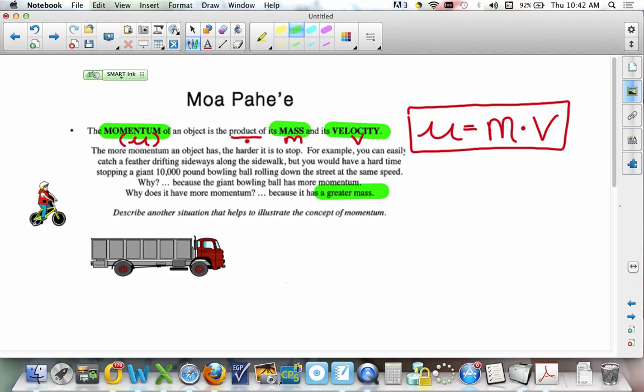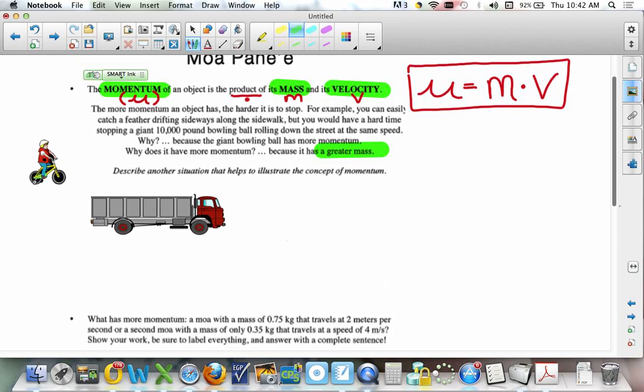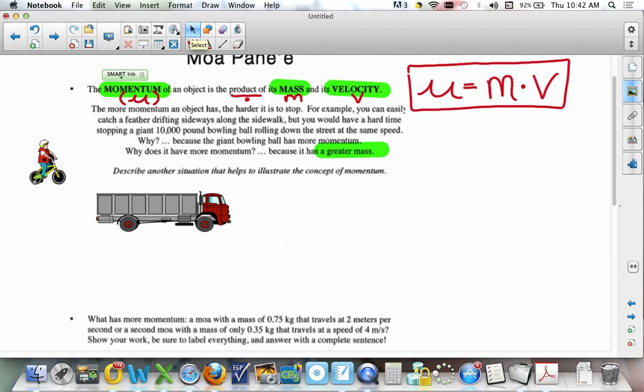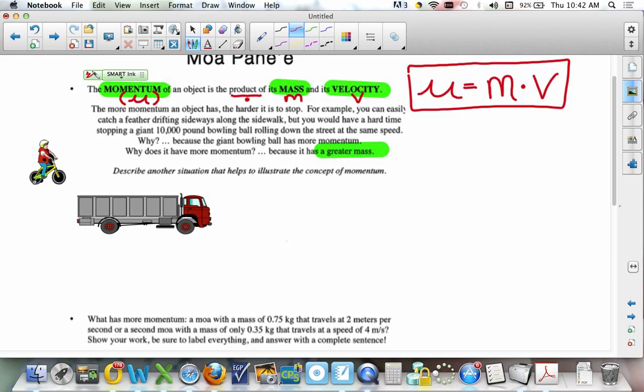So let's look down at this. I have a little example. It says, describe another situation. So I want you to think of something totally different from this. My situation here is I have this big semi-truck, right? And here it is right here, and you can see it. Now, if I just put this on a regular old street and it's just stopped there, would it have any momentum?